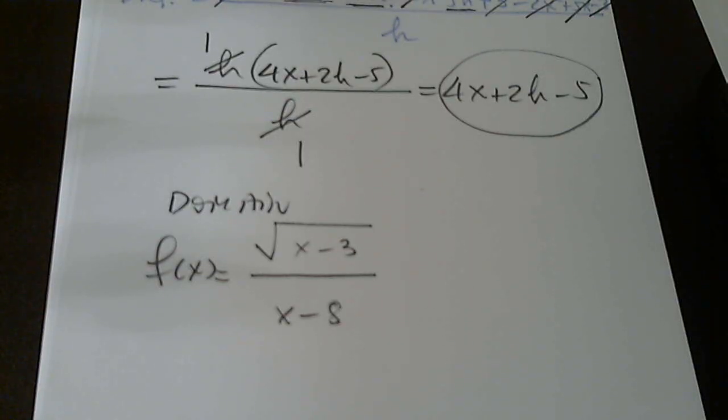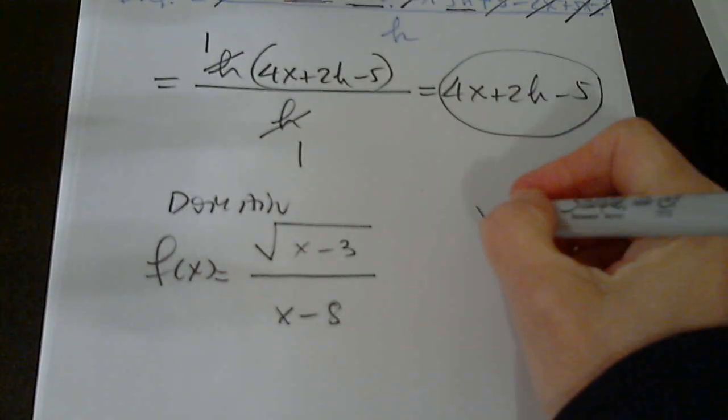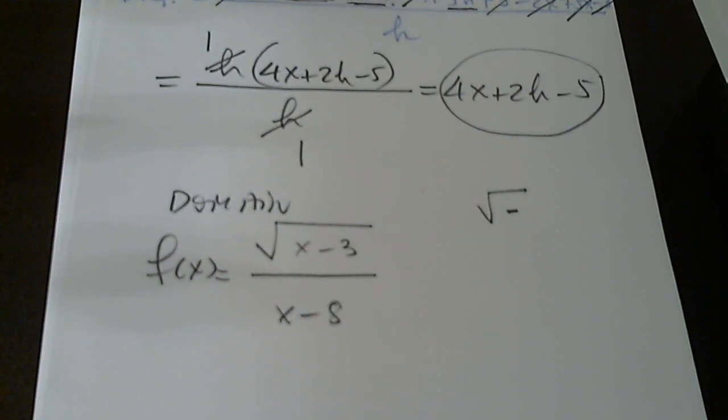What do we... if x is less than 3, I will be in trouble. I will be in trouble with the square root of a negative number. That's exactly what I want to avoid.